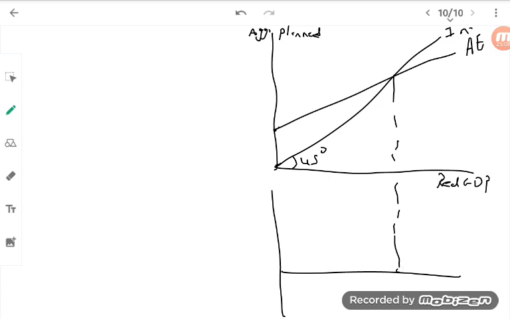With respect to the lower panel, real GDP is on the x-axis, and on the y-axis it's unplanned inventory. Okay, with respect to the first part, part A, aggregate planned expenditure is greater than income.